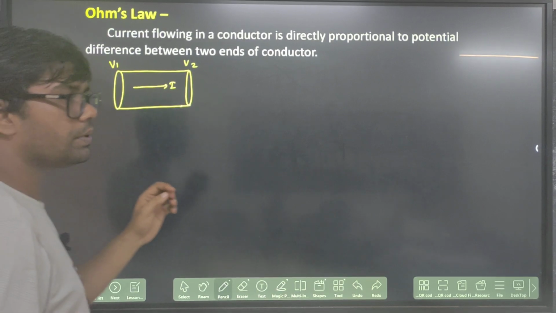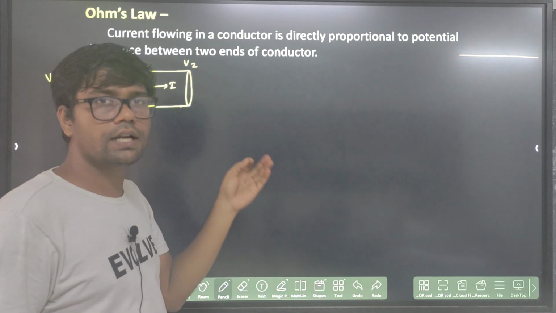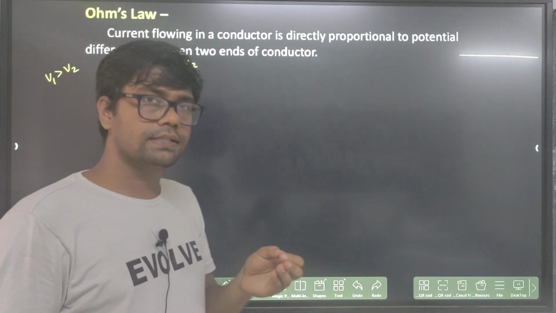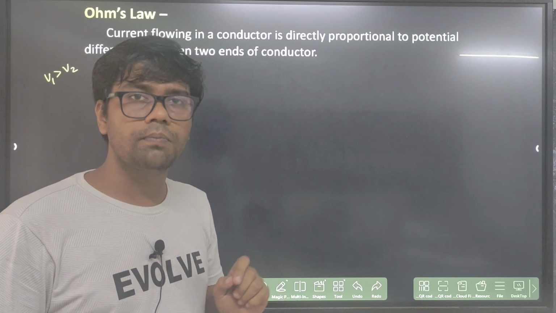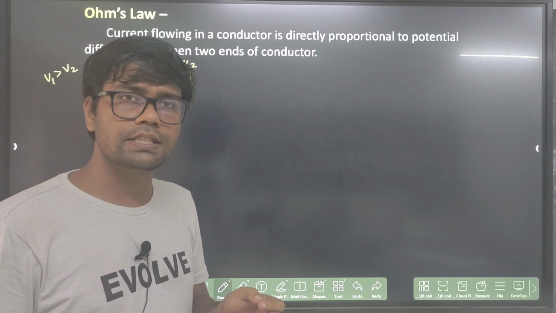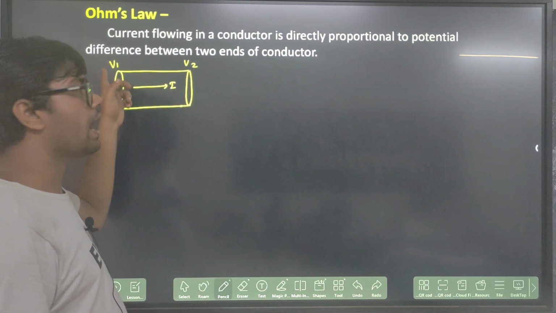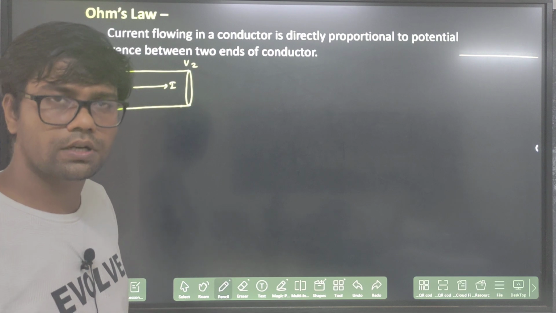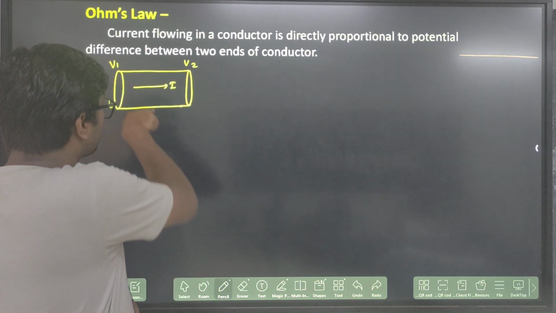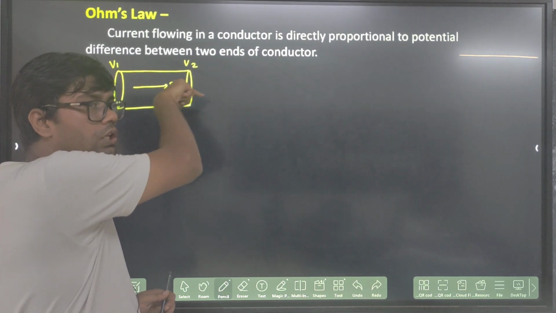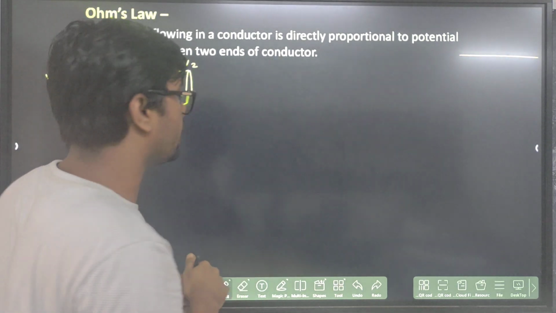Why it is so? Because previously we have seen that direction of current is same as direction of the motion of positive charge, and you know that the positive charge move from higher potential to lower potential. In electric field also we have studied this thing. So the current direction will be along this direction because this direction is the motion of the positive charge.